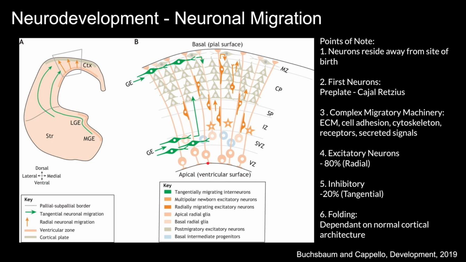So again, these orange ones are undergoing radial migration, and then these green interneurons, or inhibitory neurons, are undergoing tangential migration, and you'll see why that's important as we cover some of the many diseases of neural migration.